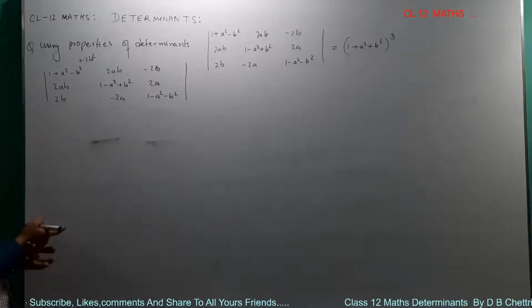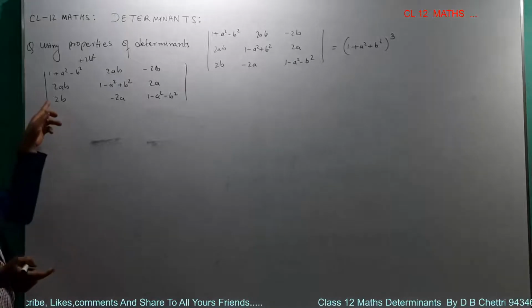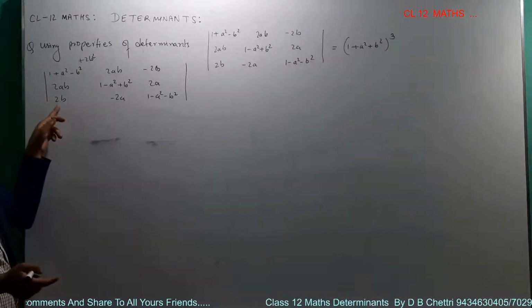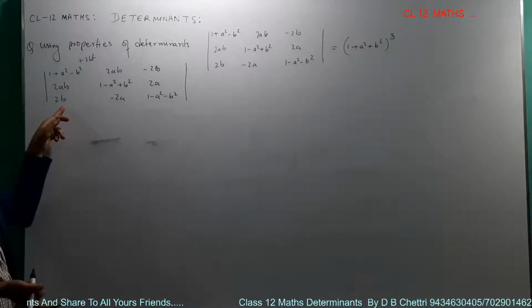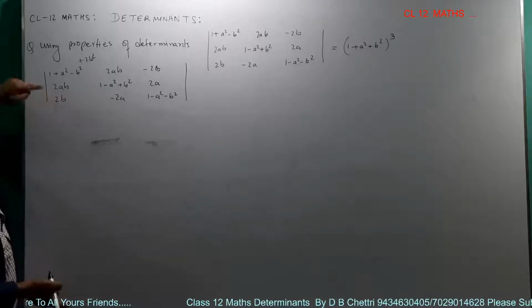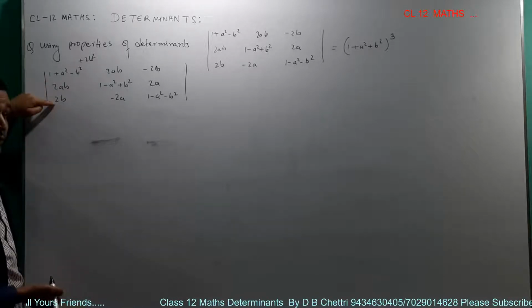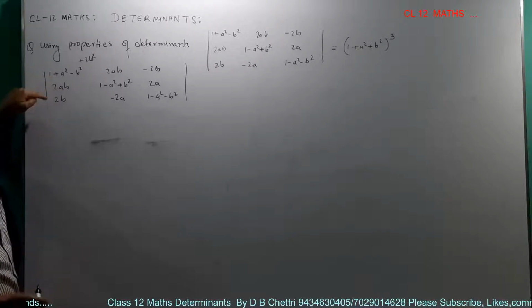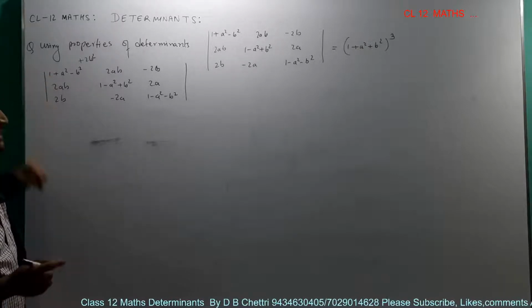Then how to make it b square? If you multiply this number by b, then it will come b square, their product will be b square. That means we are going to add row 3 to row 1, multiplying with b.